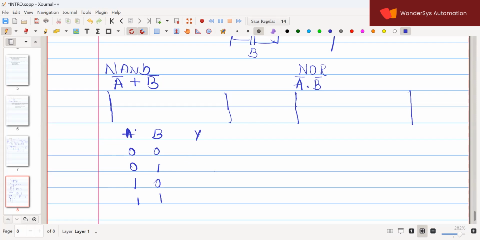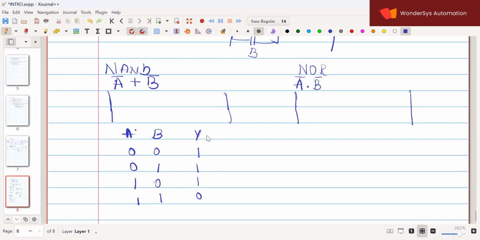If both the inputs are 0, what will be the output? 1, ma'am. For 0, 1, it is 1. For 1, 0, it is 1, ma'am. For 1, 1, it is 0, ma'am.